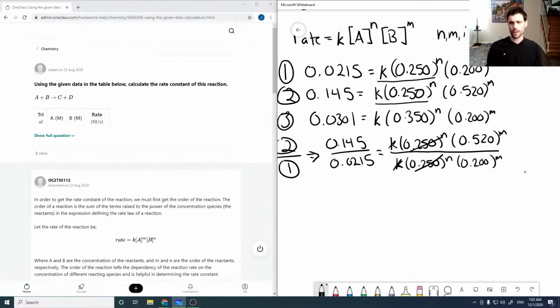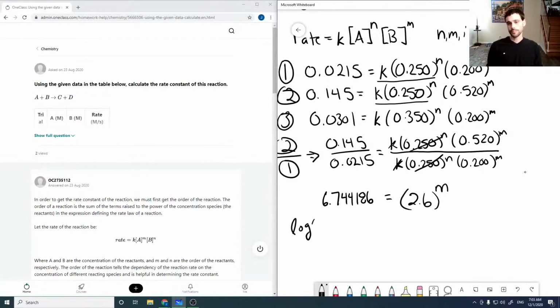If we run this on our calculator here, this division comes out to be 6.744186, and this division here comes out to be 2.6 to the power of M. Found N. There we go. 2.6 to the power of M. To solve for M now, we need to take the logarithm of both sides and use one of the log rules.